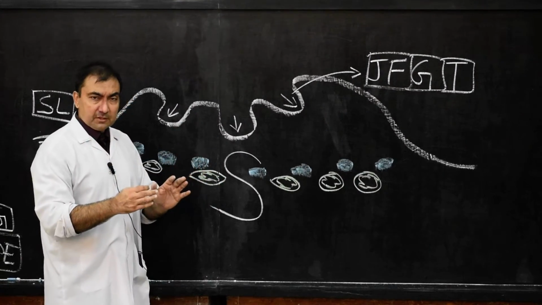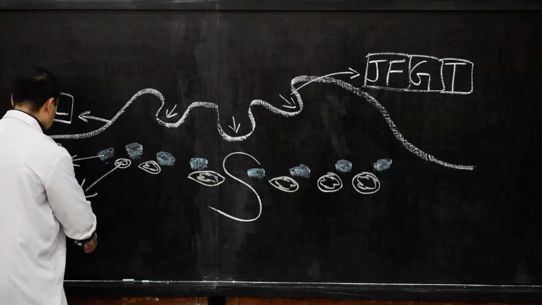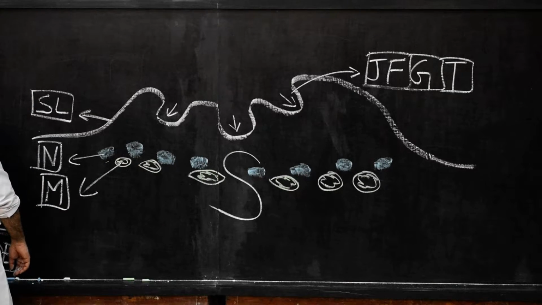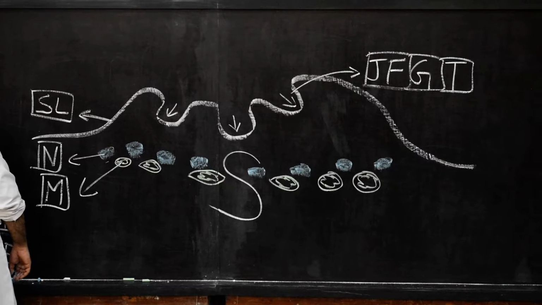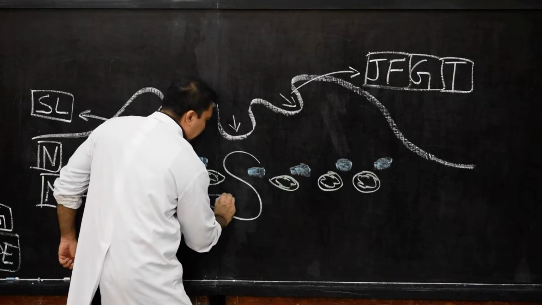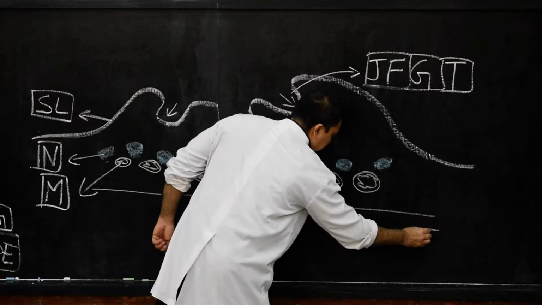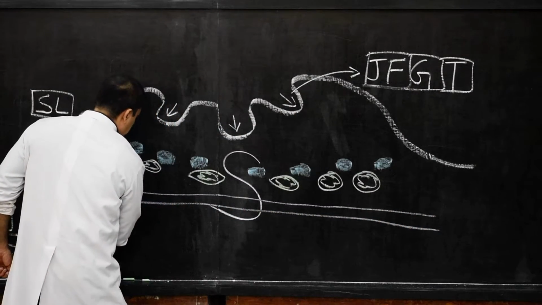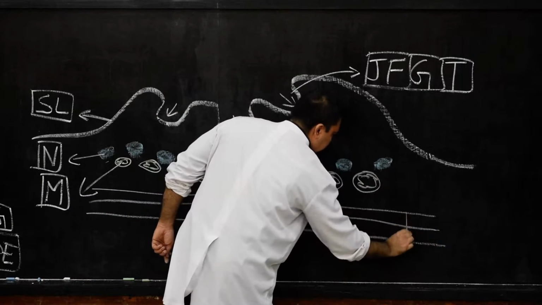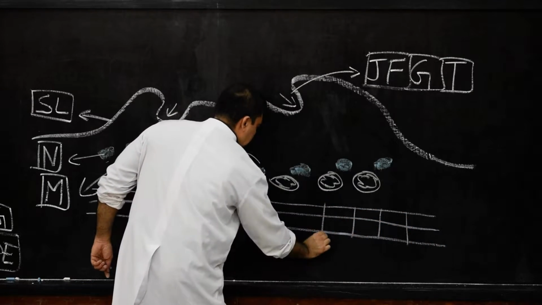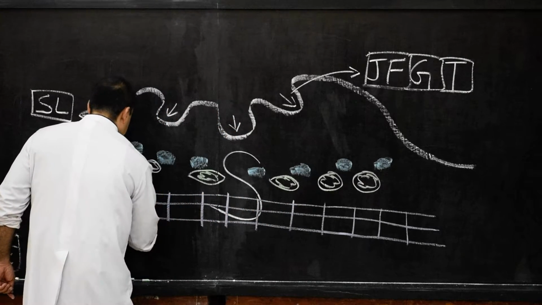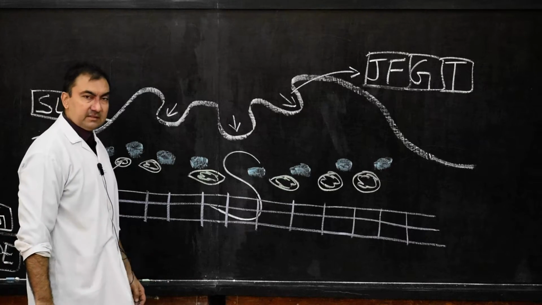Now this is the structure of the sole plate. Now here deep inside in the sole plate, if we are able to show with the violet color, then we will show that it consists of myofibrils. So these are the myofibrils which I am drawing, and they will consist of the Z bands, and the portion in between the Z bands will be known as sarcomere.